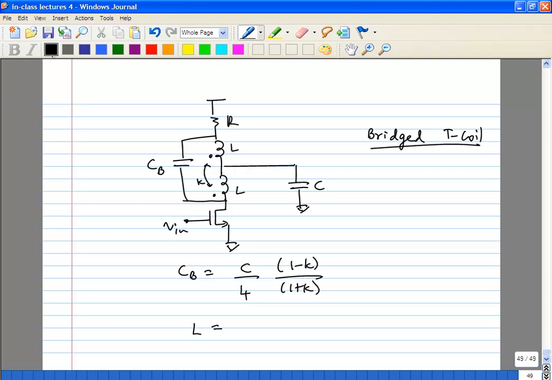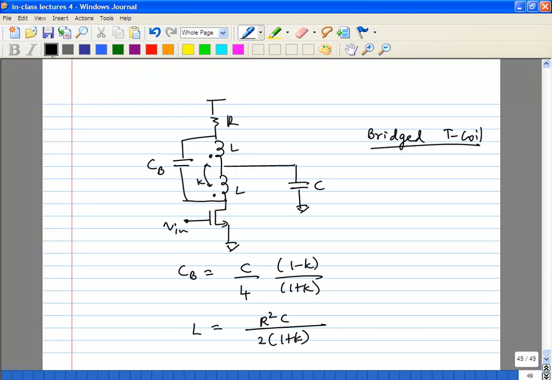Your L, assuming both are equal, turns out to be R square C over 2 into 1 plus K.